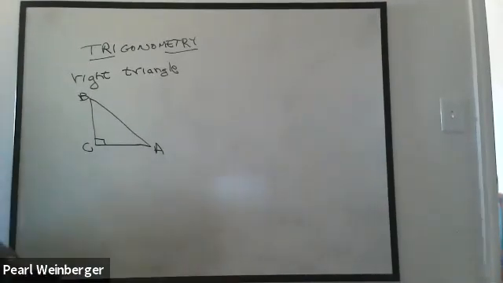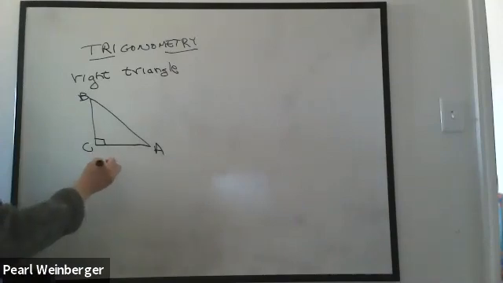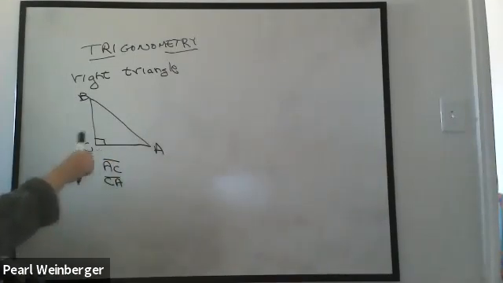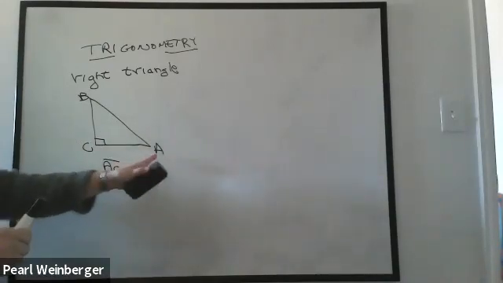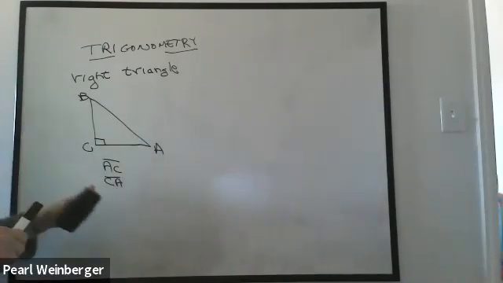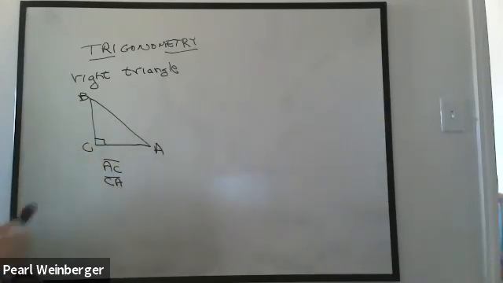How do I label the sides? Well, if I wanted to talk about this side, I could call it side AC, or vice versa, CA, using both letters to indicate that I'm starting at A and going to C, or starting from C and going to A, specifically this.